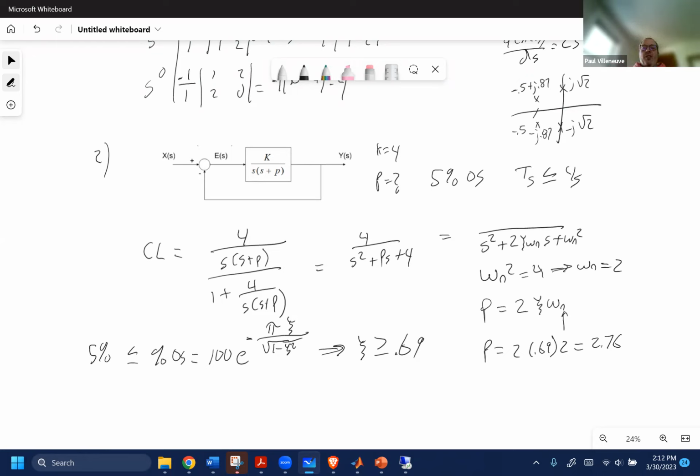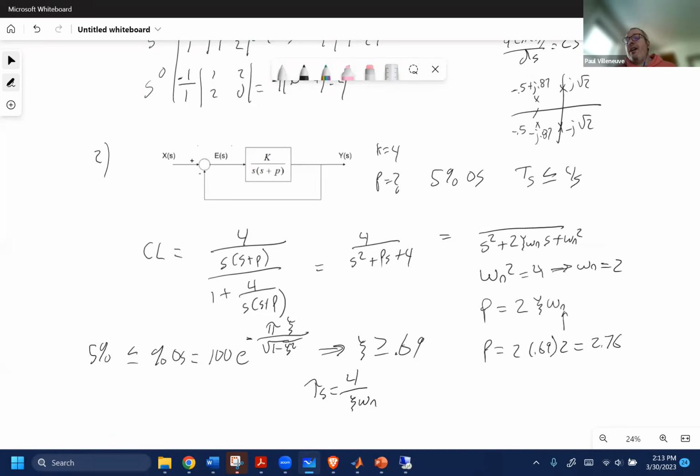Now that's the first characteristic to make sure that I'm going to have a less than 5% overshoot. The next thing I need to do is make sure that my settling time is less than 4 seconds. So my settling time for 2% is 4 over zeta times omega sub n.